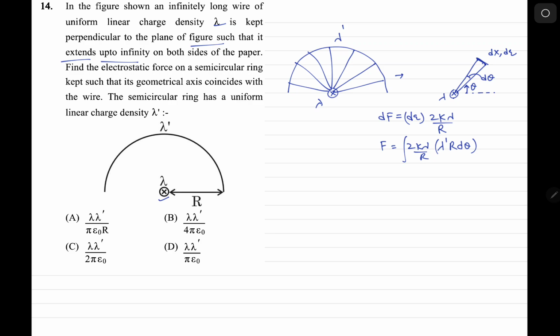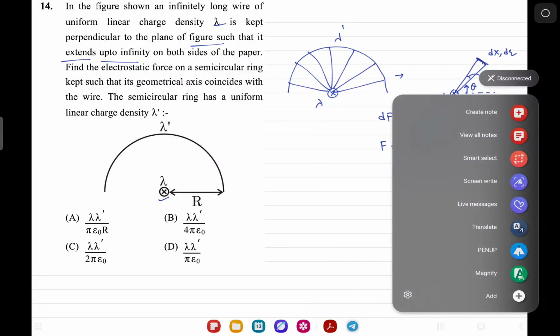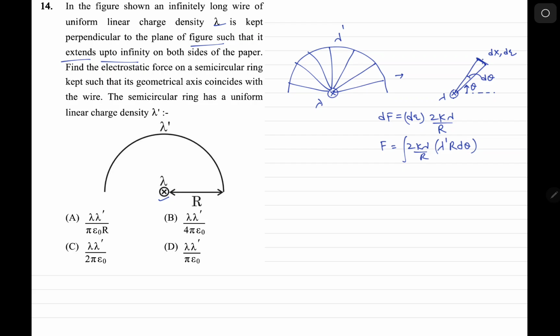Now let's talk about the direction part. The direction of dF will be in this direction, so we'll have this theta here. One component is dF cos theta, the other component is dF sin theta. The dF cos theta is horizontal, dF sin theta is vertical.